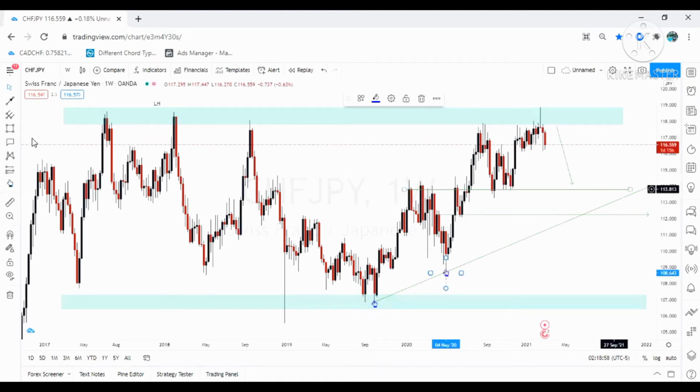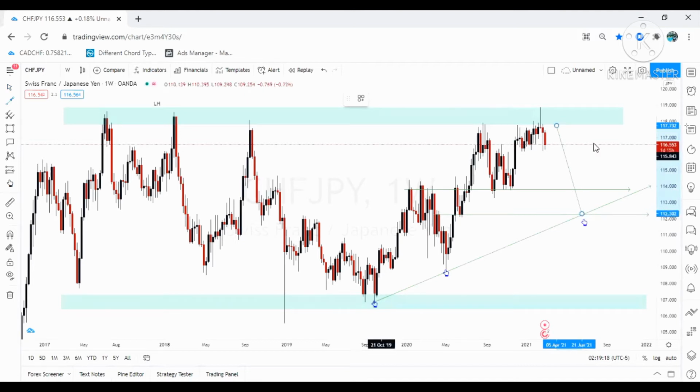So the market could retest this level right here, our diagonal support, and find support at this level. If that happens, we get our third touch, and then the market could go up again to this level.